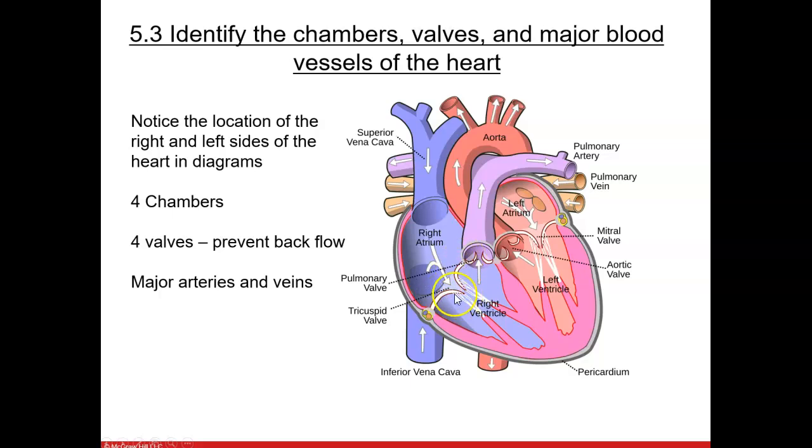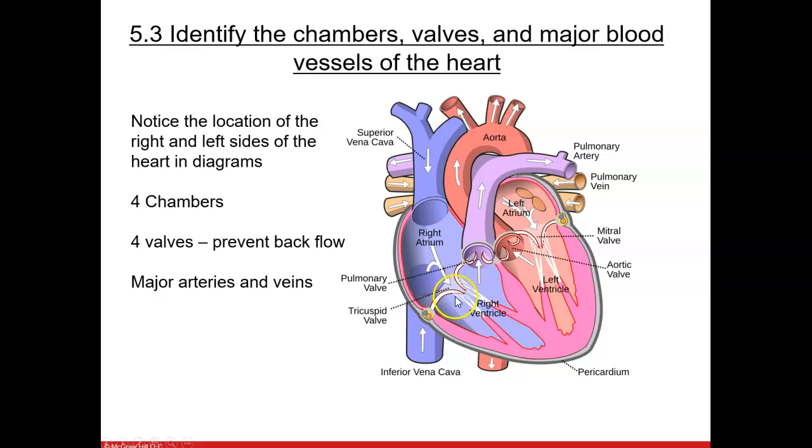Cusps mean flaps, so this one has 3 flaps. The other valve between the atrium and the ventricle is the left AV valve, the left atrial ventricular valve. That one has the name of the mitral valve. You might have heard of that because mitral valve problems are really common, even in healthy people, even in young people. It's like a genetic thing that some families have.